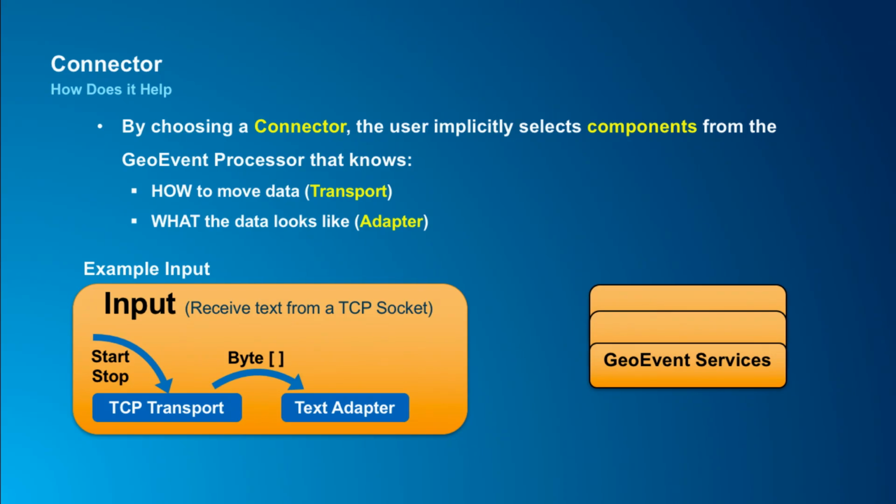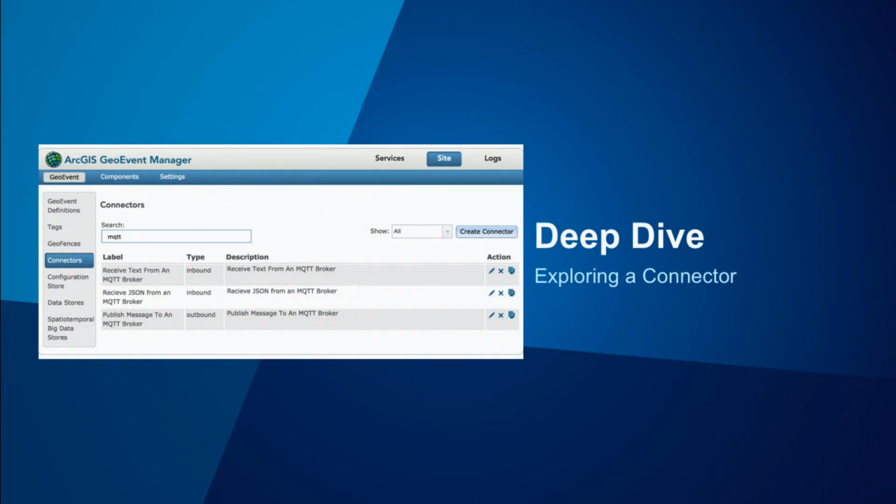The adapter then produces GeoEvents which the input sends out to all the different services that were created to make use of that stream of data. Now let's take a look at the connector that we used to create that input that we just used.